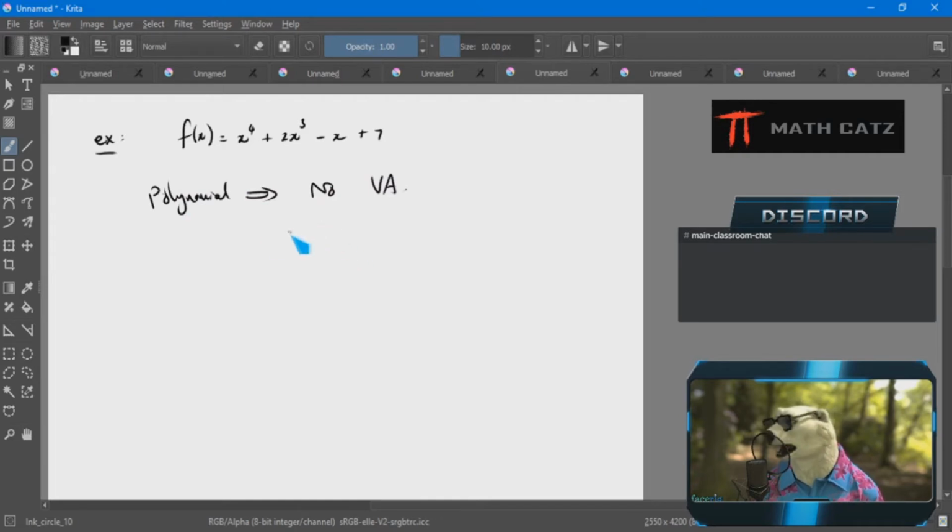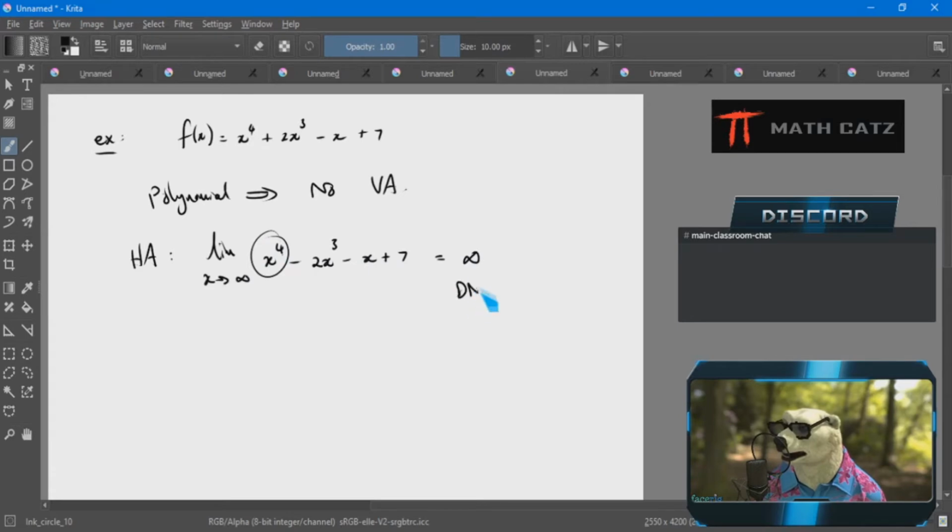Easy. And for horizontal asymptotes, well, I'm answering the limit question, right? I'll copy my function down here really quickly. But I see it's a polynomial. It's whatever the leading term does. It's infinity. Does not exist.